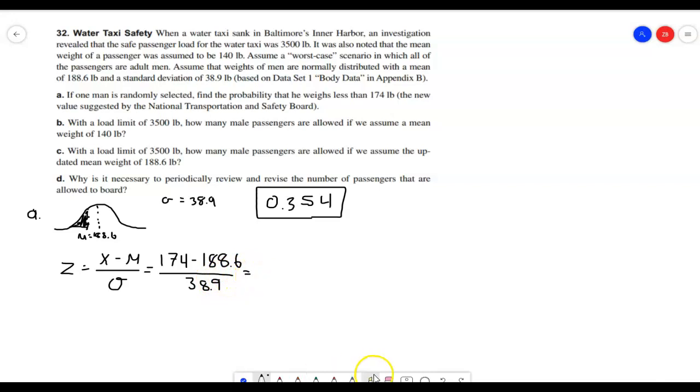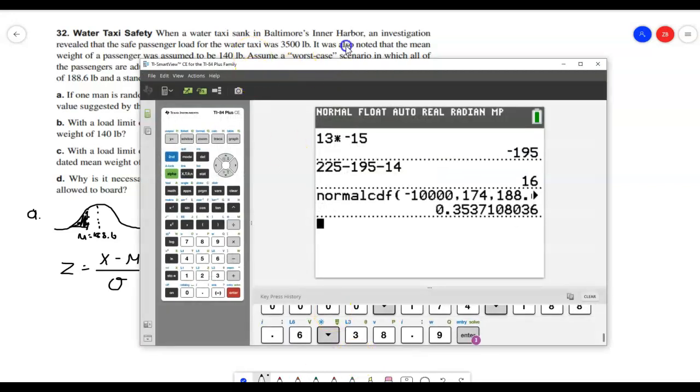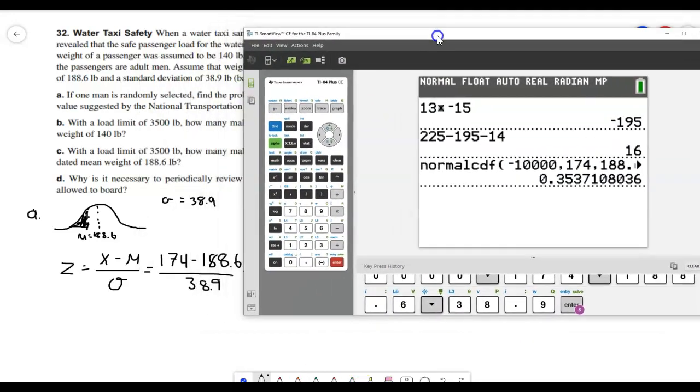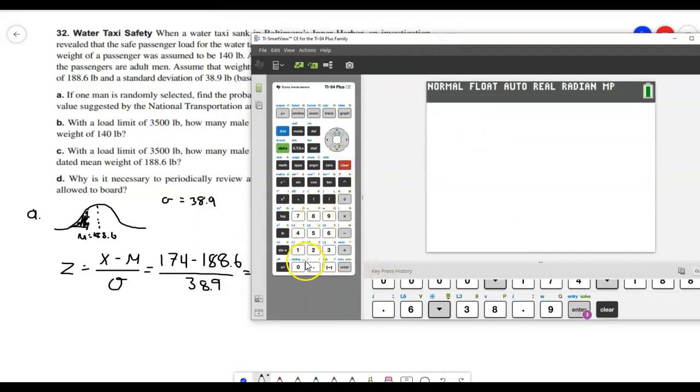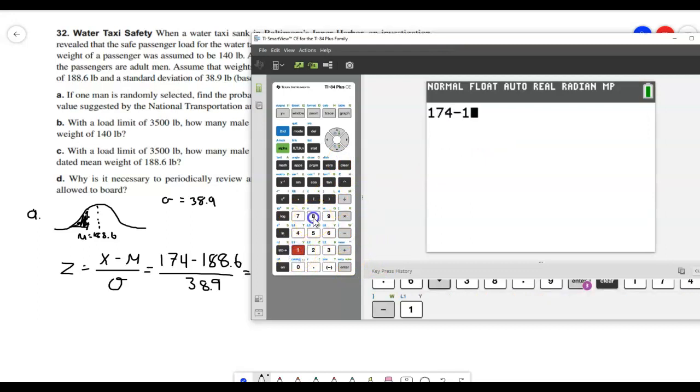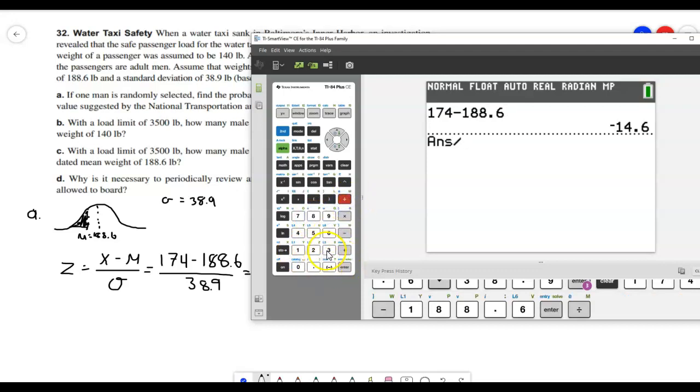If I pull up my calculator, let's go ahead and put this in here. So clear that out. 174 minus 188.6, enter. Good. Divided by 38.9, enter.